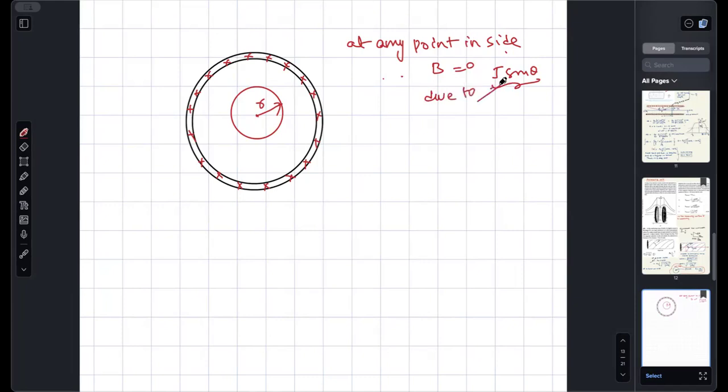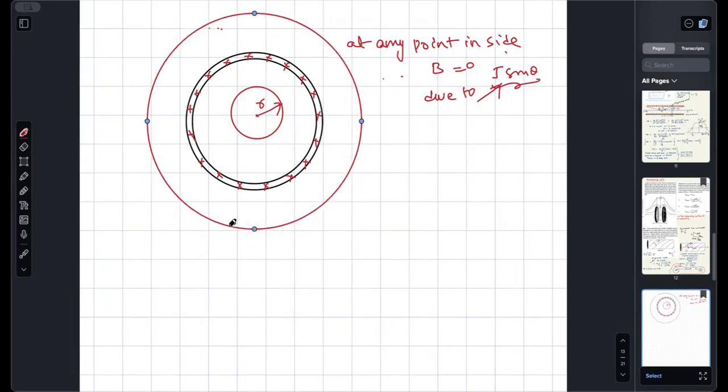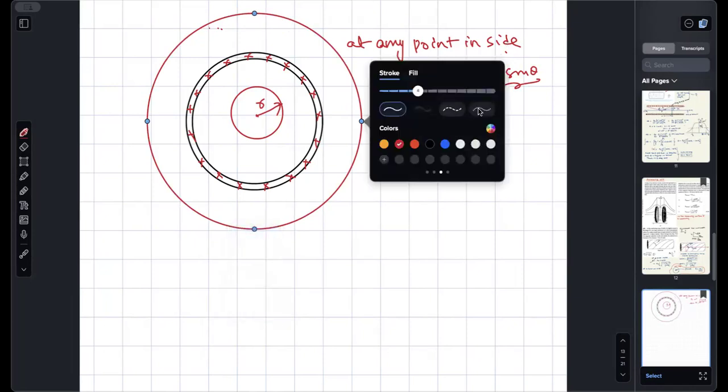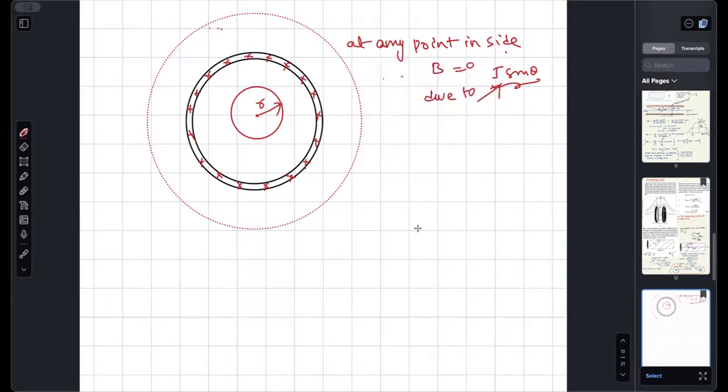Due to J sin theta component. At any point outside, at this point, what is happening?